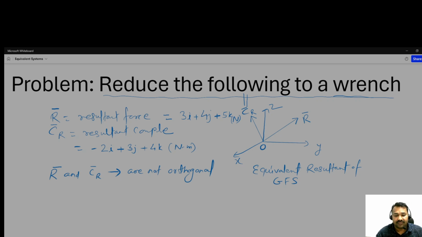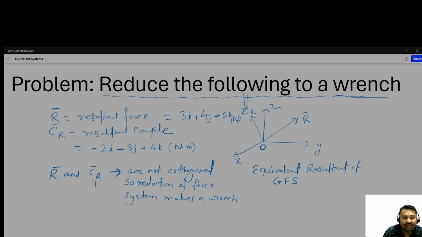The reduction of the force system makes a wrench. So in the previous video we have seen how CR is divided into two parts.